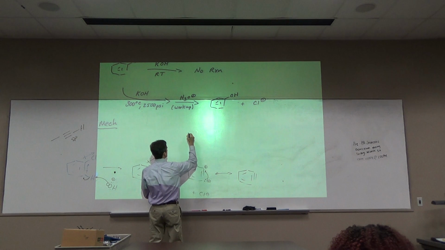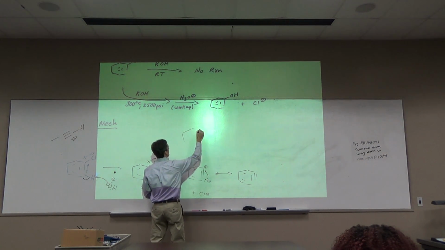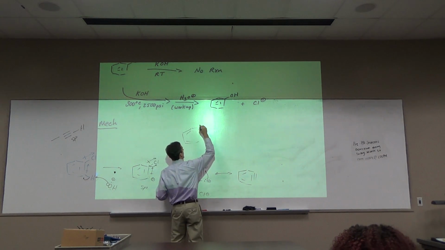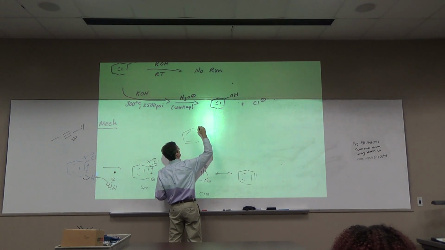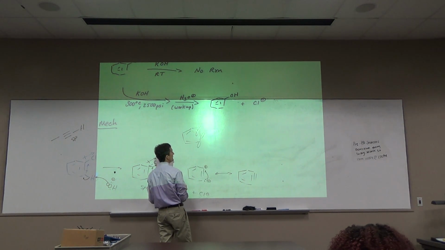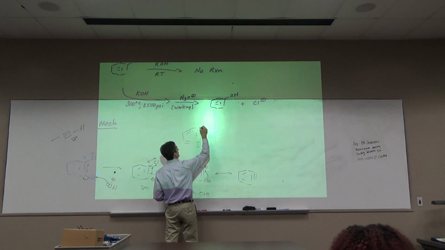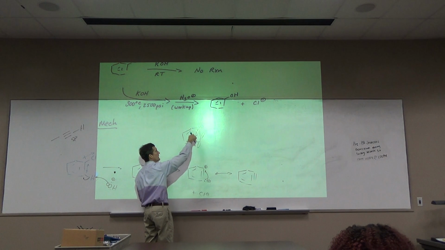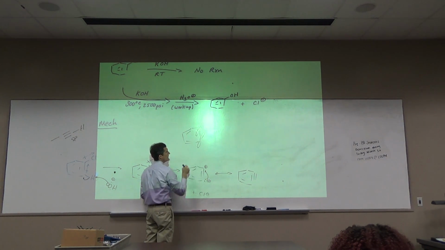If we try to draw a structure of this, well, p orbital, we have a pi bond there. One electron, one electron. There's the pi bond. I'm not going to show the overlap.